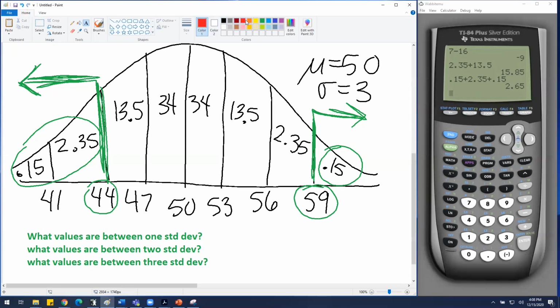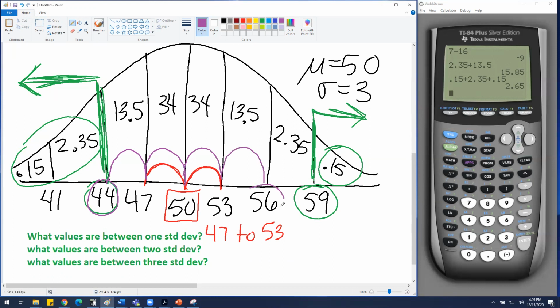So based off our chart, we know that the mean starts in the middle. So here's the mean. 1 standard deviation is 1 backwards and 1 forwards. So the values for 1 standard deviation are from 47 to 53. 2 standard deviations start from the center, 1, 2, 44, and go up to 56.